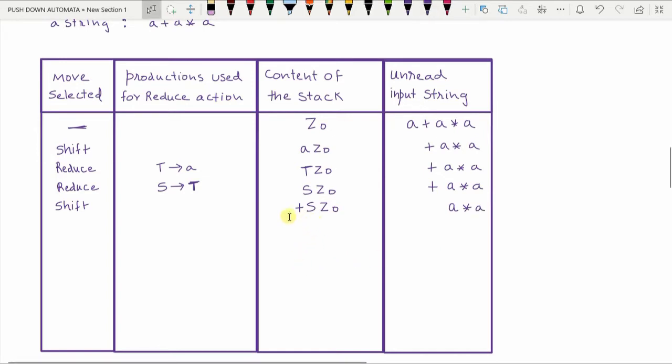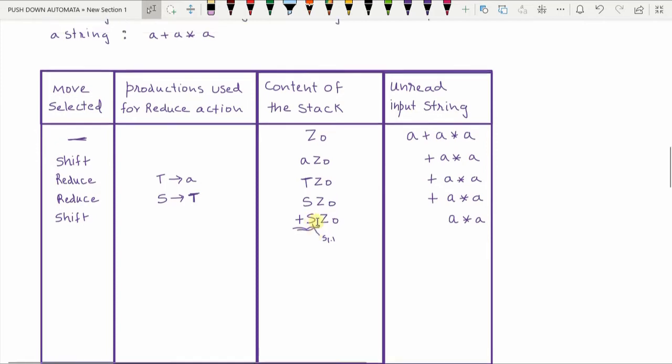Now again you check the content of the stack. Read the content of the stack from bottom to top. First you read substring S, which is substring 1. Is S present on the right hand side? No. Then you expand, and the substring that you read is S plus, that will be substring 2.